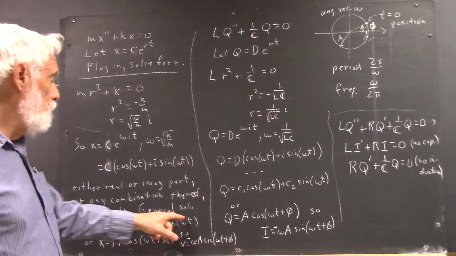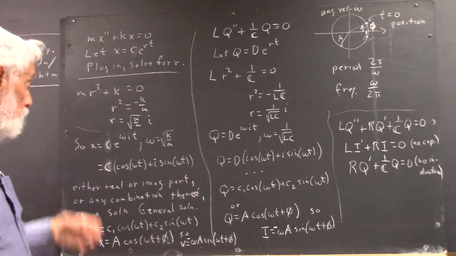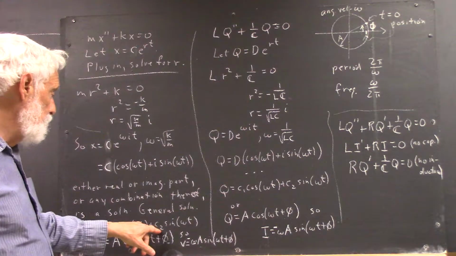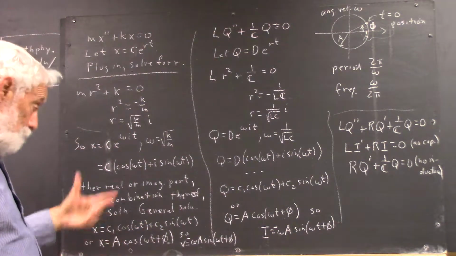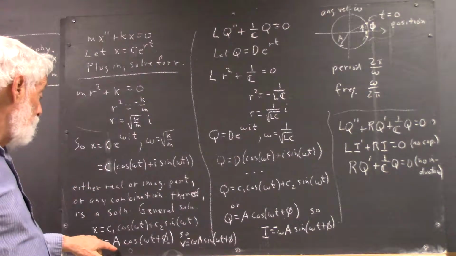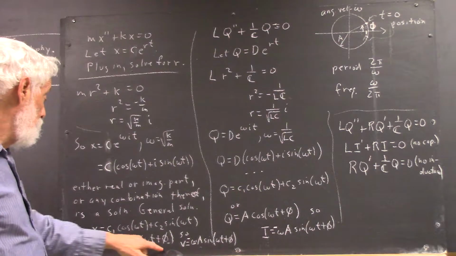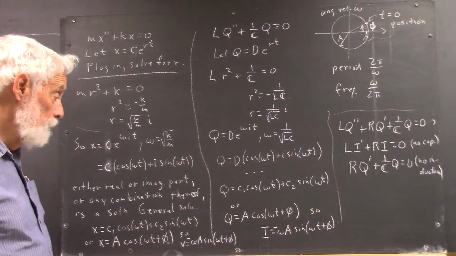And we know from basic high school trigonometry, the sum of two angles formulas for the sine and the cosine, that c1 and c2 can be used with those identities to get the value of A and a value of phi, so that you have a solution x equals A cosine of quantity omega t plus phi.